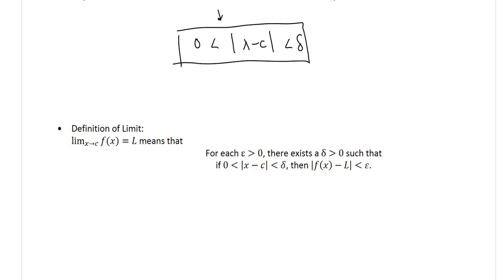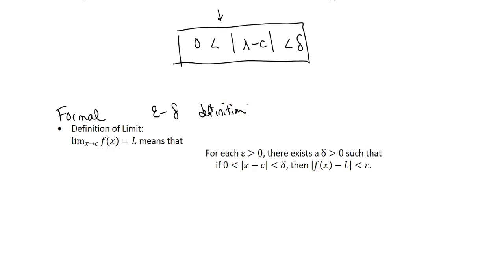So keeping that in mind, this is the definition of a limit. We talked about an informal definition earlier, but this is the formal definition of a limit. If I refer to the epsilon delta definition, this is the one that I'm talking about.